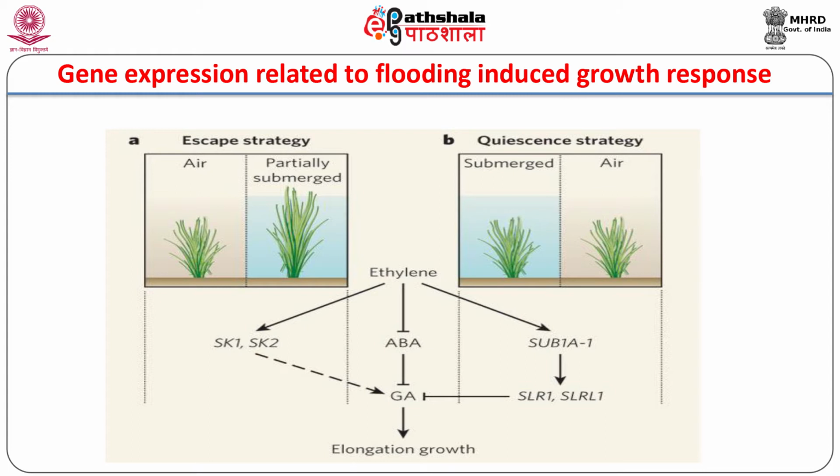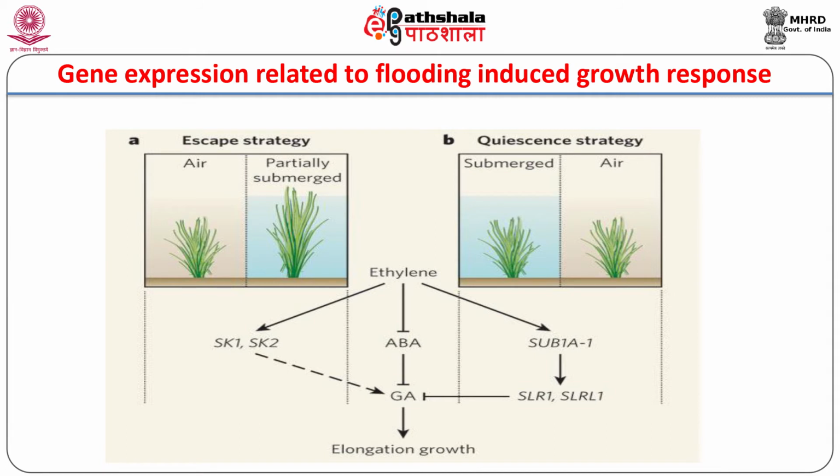On the other hand, other ethylene-induced transcription factors like Submergence 1A enable plant survival for more than 2 weeks under flooding conditions by inducing a dormancy state in completely submerged plants. Sub1A is known to increase the abundance of transcripts encoding reactive oxygen species scavenging enzymes and provides oxidative stress tolerance.